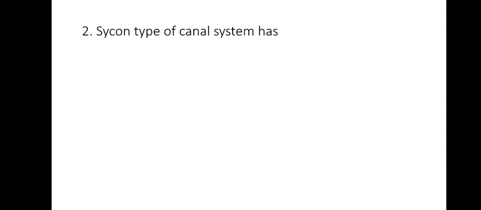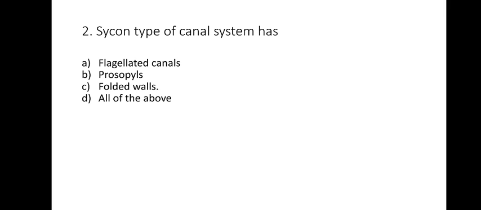Second question: Sycon type of canal system has flagellated canals, prosopyles, folded walls, or all the above? The answer is D, all the above. All three features are found in Sycon type of canal system.